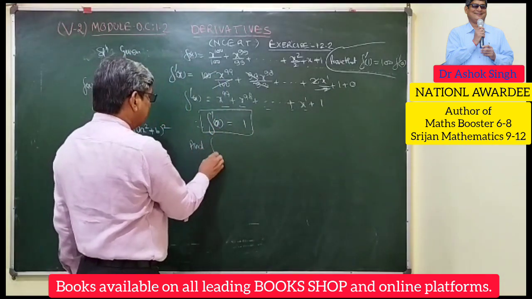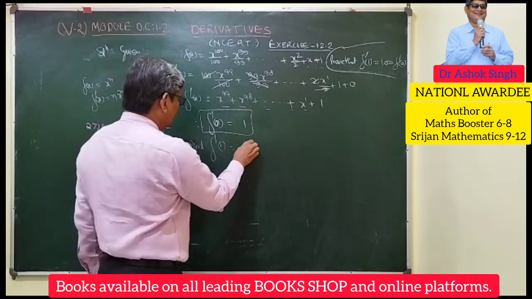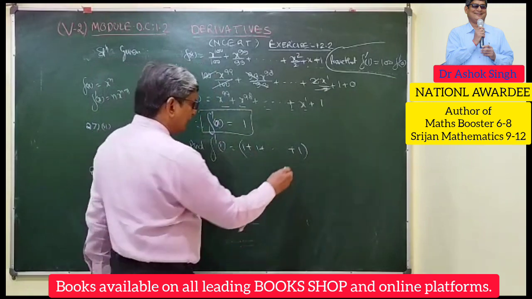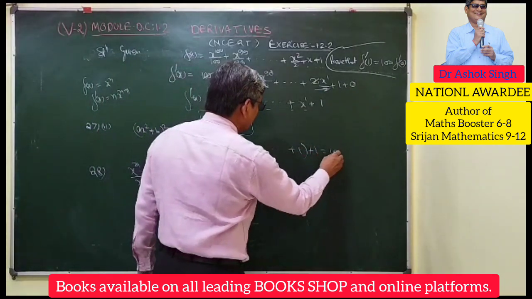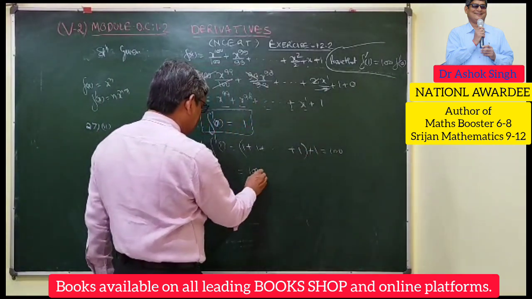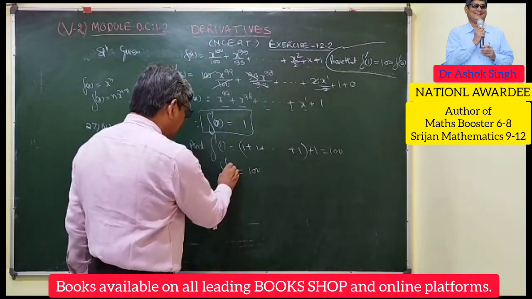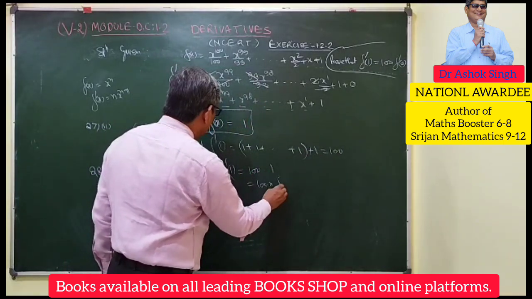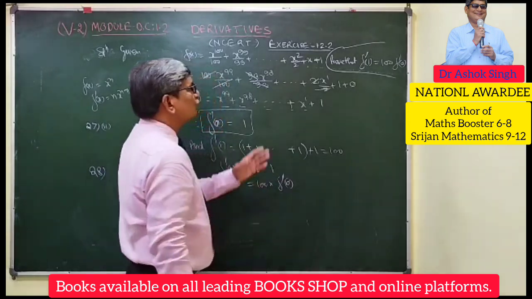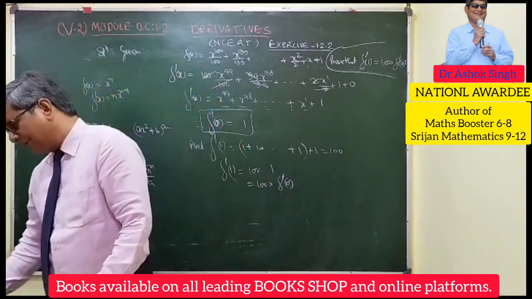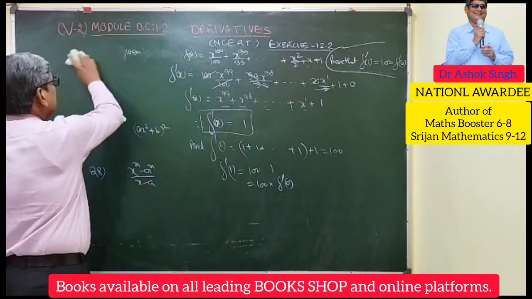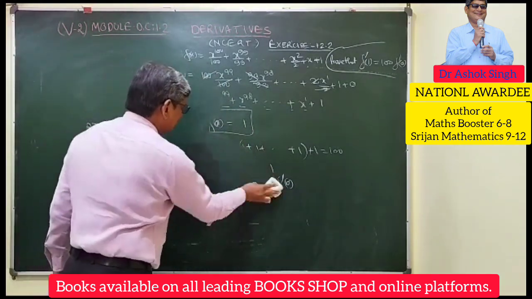And what is f dash 1? It's 1 plus 1 plus 1 plus 1, remember 99 terms and plus 1. This is equal to 100. So f dash 1 is equal to 100 into 1, or you can say 100 into f dash 0. So this is the first question we have seen. It's a very simple question, the basic one given here.